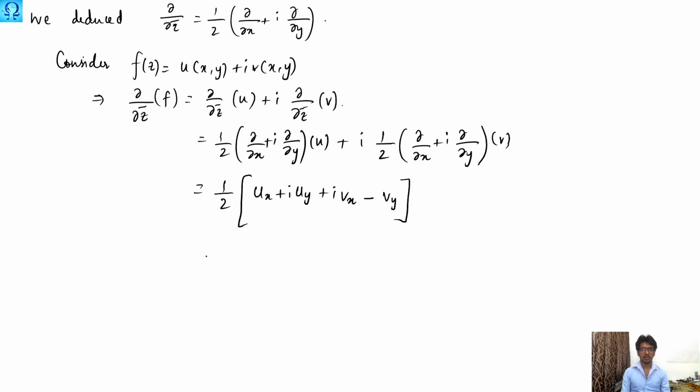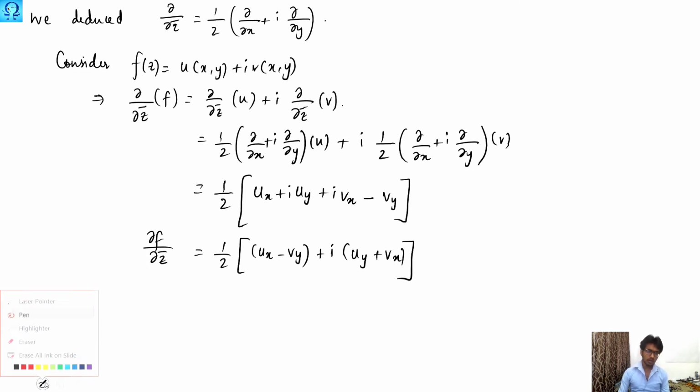Let us combine real and imaginary parts. So ux minus vy is the real part, plus iota times uy plus vx, the imaginary part. So we have del f upon del z bar is this one. Now we are going to suppose one thing.